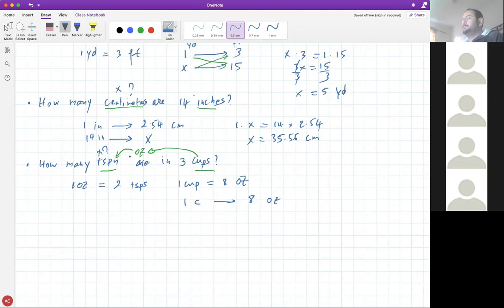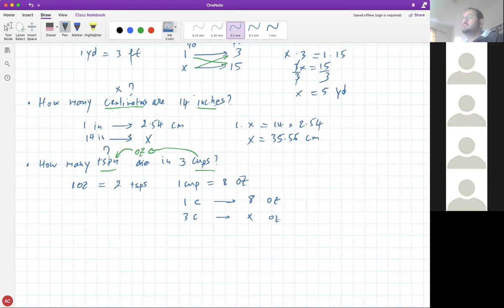But we have 3 cups. Ultimately we will find the tablespoons, but first, again, turn the 3 cups into ounces. So 1 cup is 8 ounces according to the formula, 3 cups, X ounces. We want to solve this first, make it into ounces.